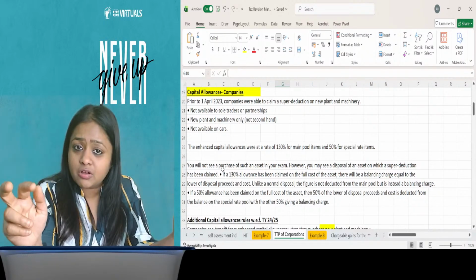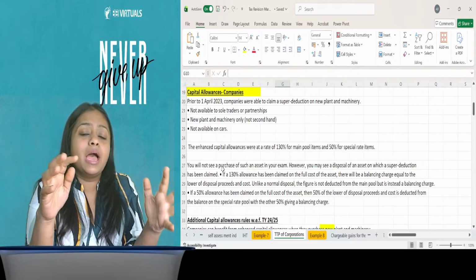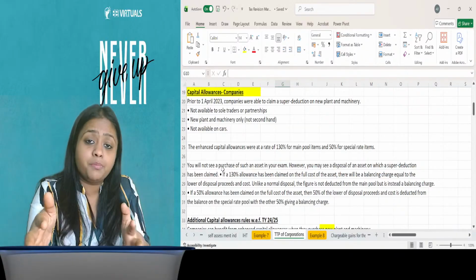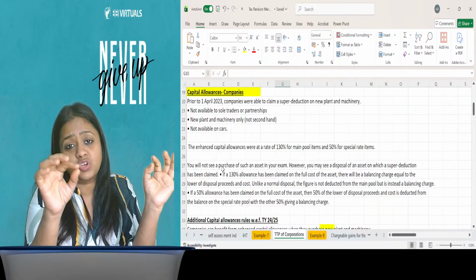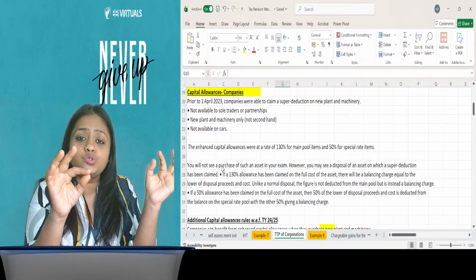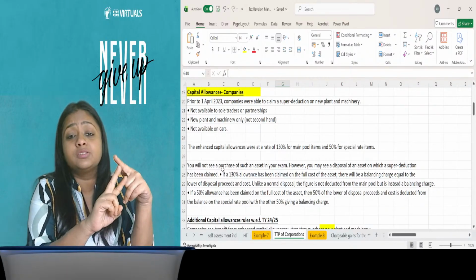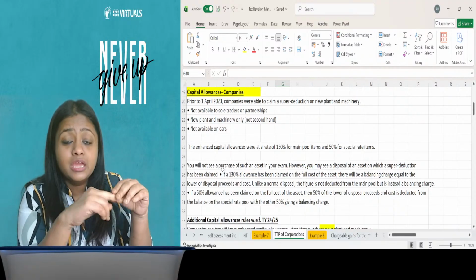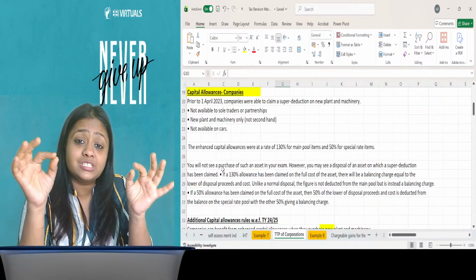These two additional allowances applied in case the new plant and machinery is bought for a main pool category, 130% of the cost of plant and machinery was allowed as an allowance and we would call it a super deduction. Number two, if the new plant and machinery bought is of a special rate pool category, then it would receive an additional allowance of first year allowance.